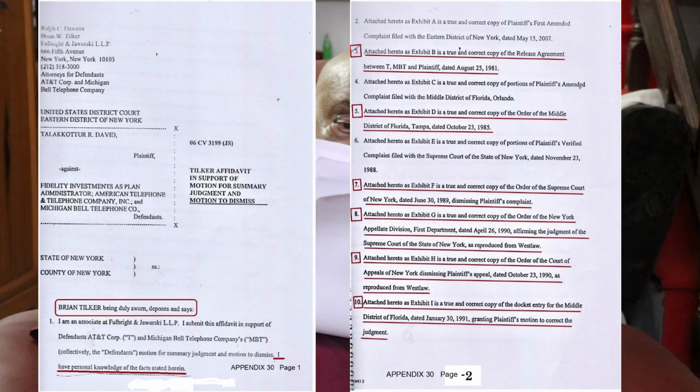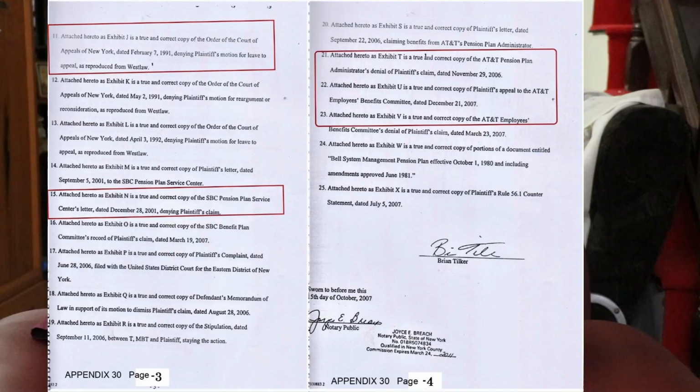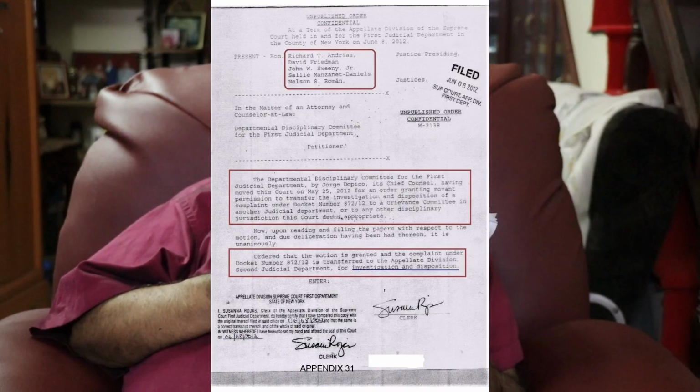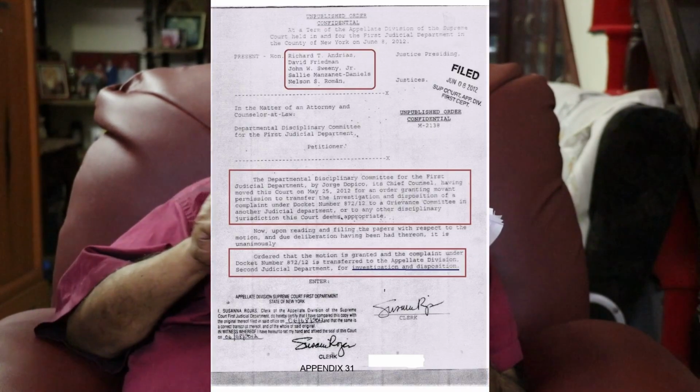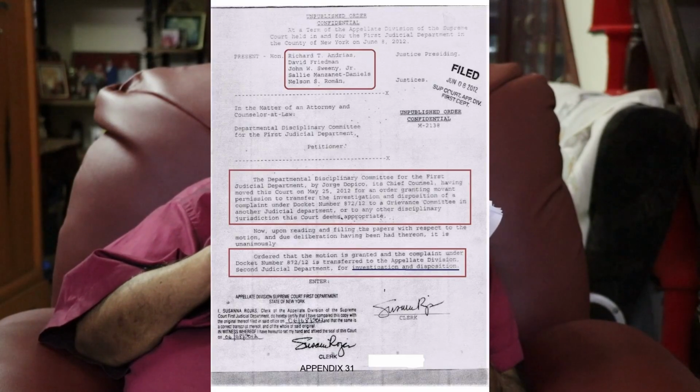Now, after Tilker filed a false attorney affidavit, the case went before the Appellate Division of the Supreme Court, held in and for the First Judicial Department of the County of New York on June 8, 2022.